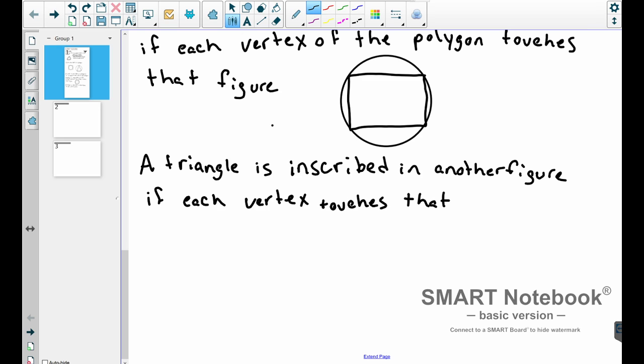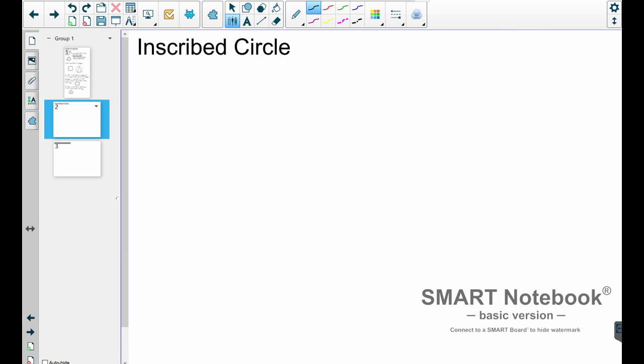So the same thing that we just did above. If you have some sort of circle that's pretty rough, the triangle, every angle is going to touch somewhere on that circle. So let's talk about inscribed circles.